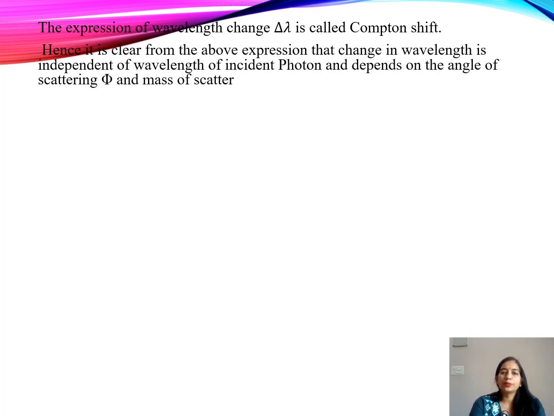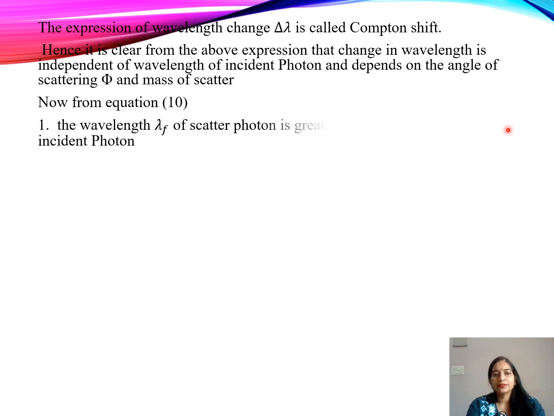Hence, it is clear from the above expression that the change in wavelength is independent of the wavelength of the incident photon and depends on the angle of scattering phi and the mass of the scatterer. If we change the scatterer, like changing the electron to some other particle, then the expression will change. For the electron, it is constant.